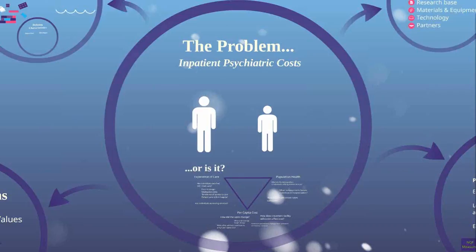So this person on the left is your supervisor, just a giant of a person, and they bring the problem to you that there is a problem with how much money we spend on our psychiatric costs.